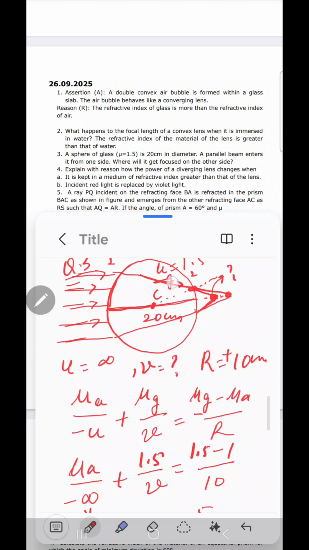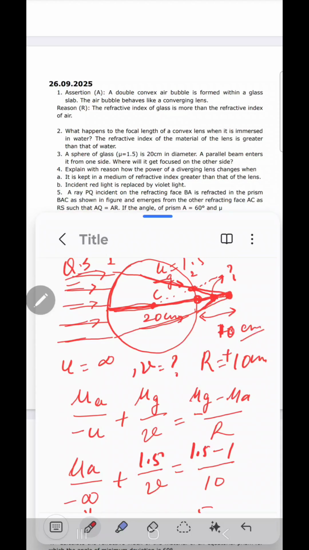Now you see these rays are behaving as the incident rays for surface number 2. All the incident rays come from the object, but the image formed by surface number 1 is at 30 centimeter from surface number 1, and since from here till here this distance is 30 and 20 is the diameter, from surface number 2 this distance is only 10 centimeter.